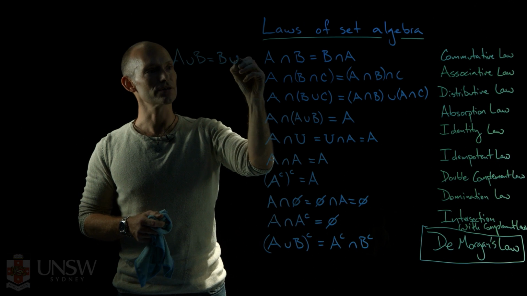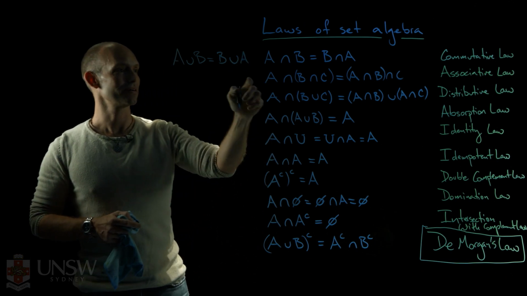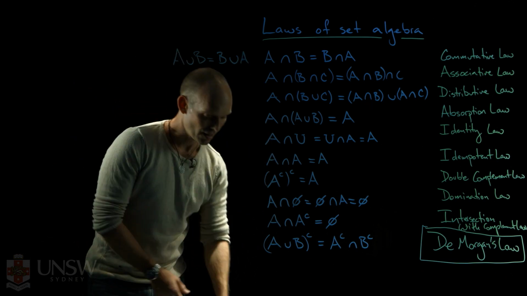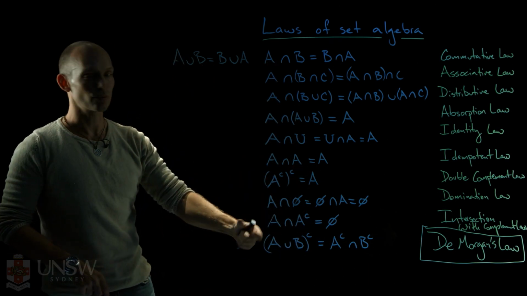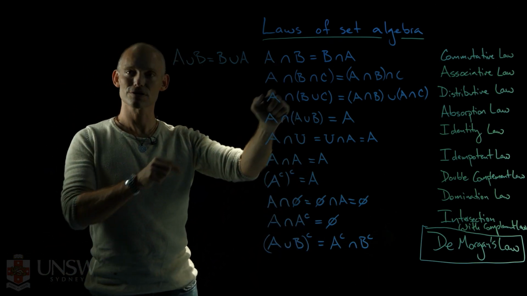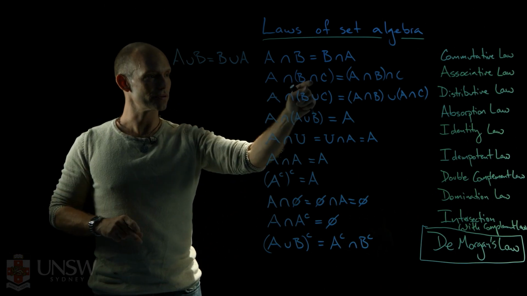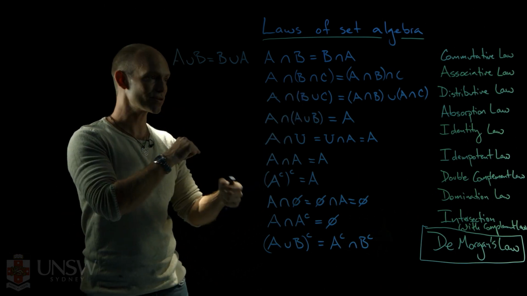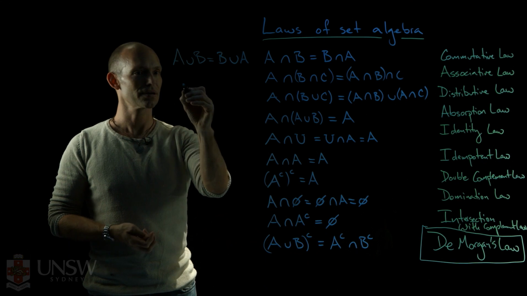And in fact, I can do that. So this gives me a new law. And in fact, I can do that everywhere here. Wherever you see an intersection, swap it with a union. Wherever you find a union, swap it with an intersection. So then we get some laws here.